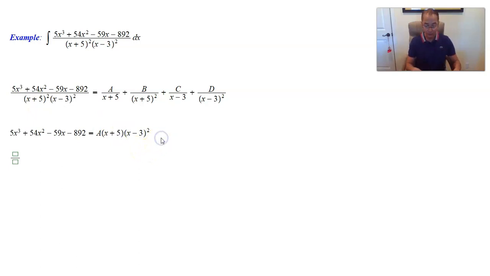For B, x plus 5 squared will eliminate completely the x plus 5 squared, so only x minus 3 squared survives for B. For C, x minus 3 will cancel one of the x minus 3s, and both of the x plus 5s will survive. So one x minus 3 will survive. And for the D, x minus 3 squared will cancel with that x minus 3 squared, so both of the x plus 5s will survive.